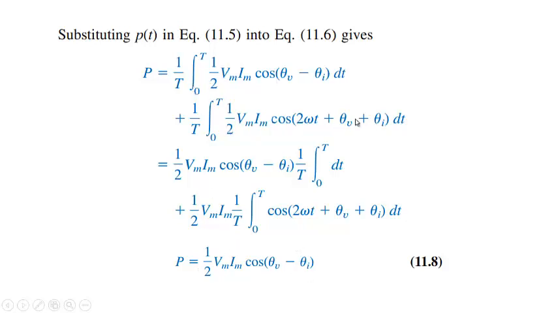But you know that the average of a cos term or a sine term over its time period will be 0, because its negative part is the same as its positive part. So this term will vanish for the average. We are left with only this one, the average power, the actual power in which we are interested, which is given by 1 by 2 Vm Im cos of theta v minus theta I.